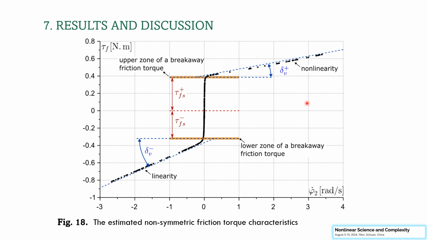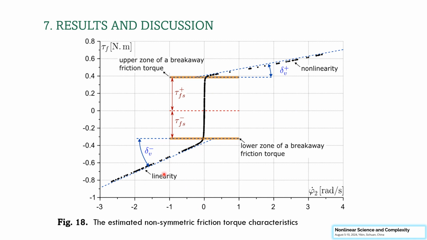In figure 18, we find the estimated non-symmetric friction torque characteristics. It is seen that the characteristic is asymmetric versus the vertical line crossing zero relative velocity of motion.